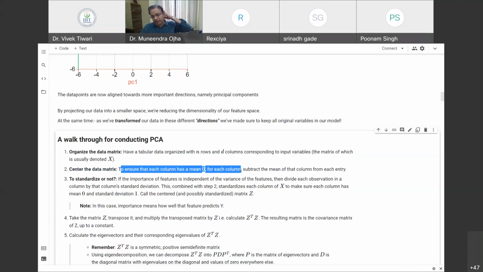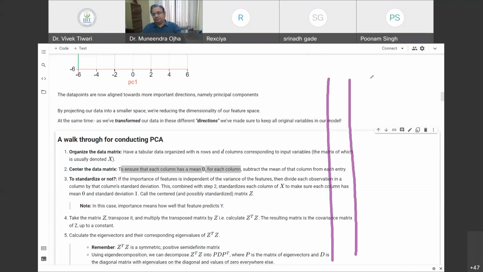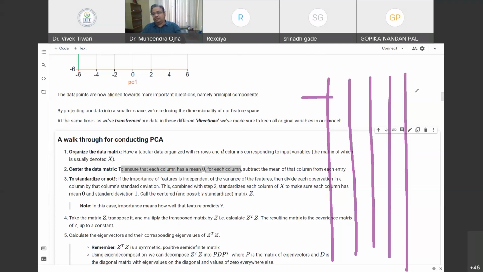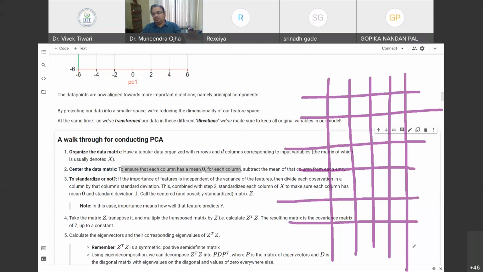So suppose I have a set of data points in a vector, suppose these are the columns, these are the rows. So in every column, we find out the mean value. Let's suppose the mean value of this column is m1, then x1.